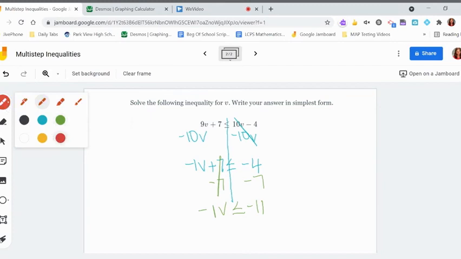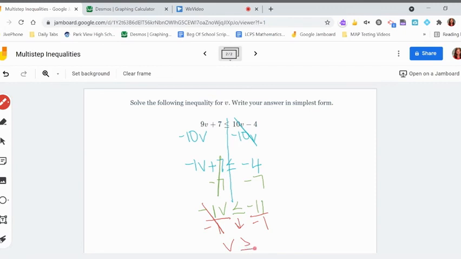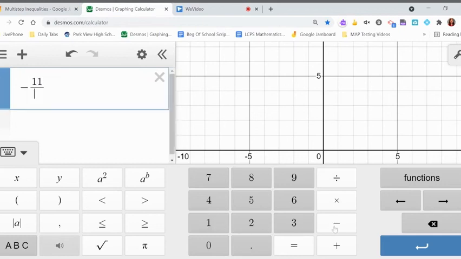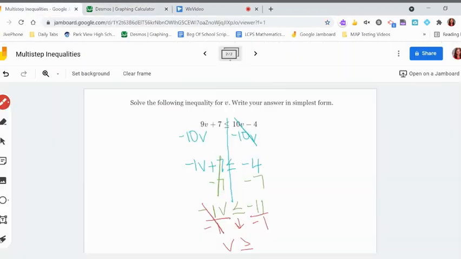My last step is to divide by negative 1. They cancel, and I keep my V. Now I divided by a negative, so this sign is going to flip. That less than becomes a greater than. Negative 11 divided by negative 1 is positive 11.